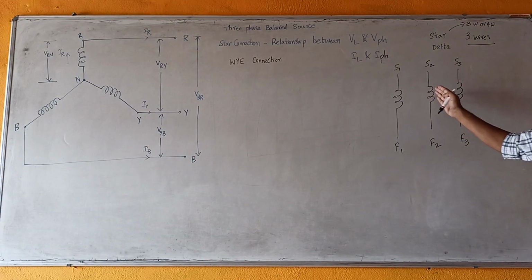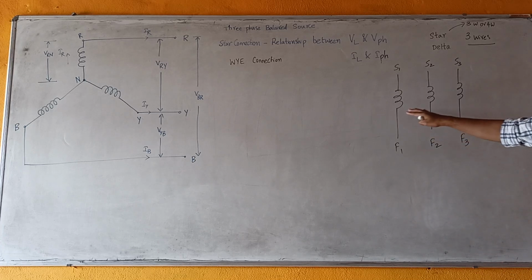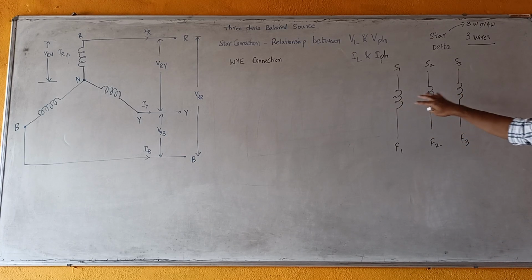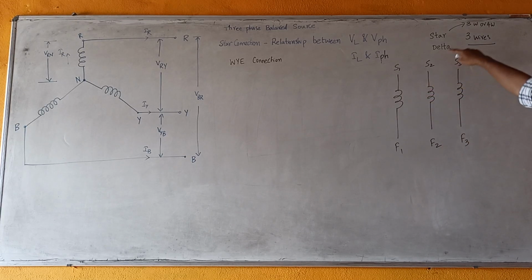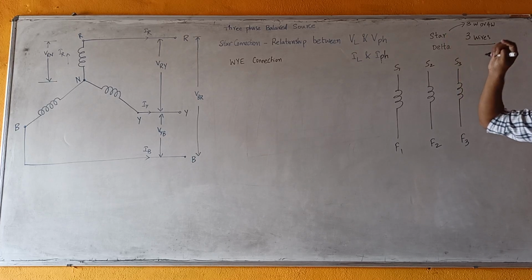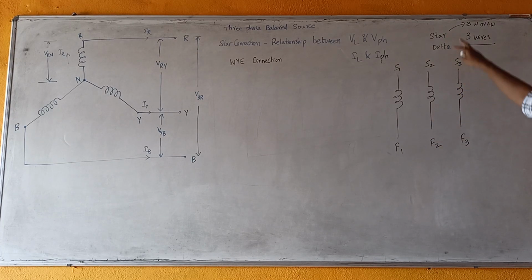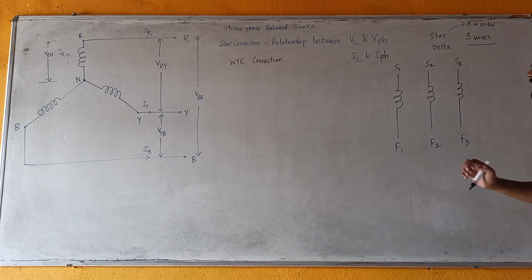Now if you consider these three coils, three sets of windings are used in a three-phase system, and these three sets of windings are to be connected in star fashion. How to connect these three coils in star fashion? It is very simple.